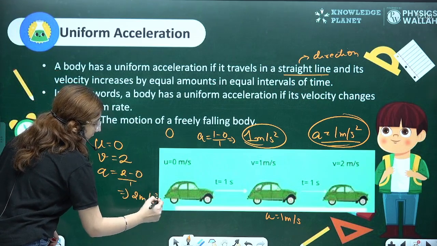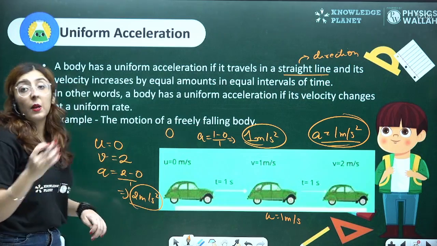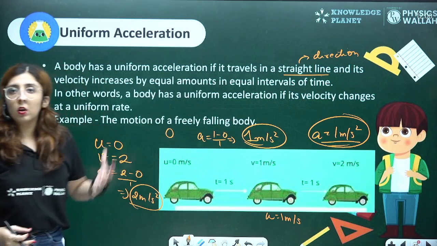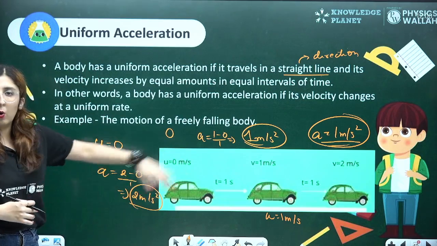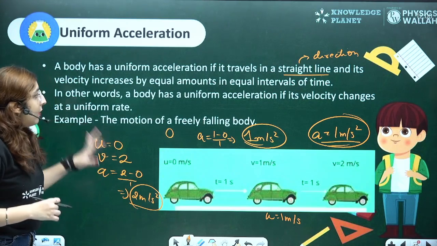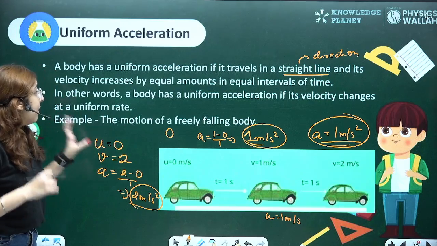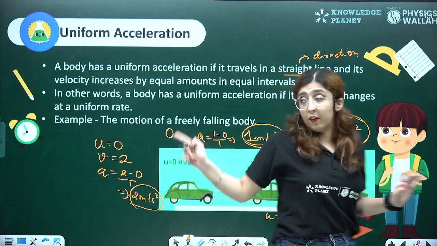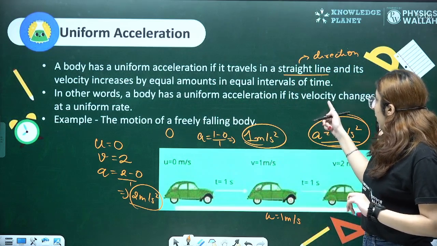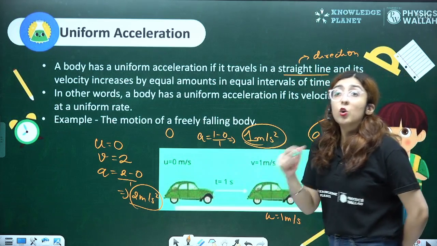So you can see there is an increase. An equal amount of increase, 1, 2, is taking place in the whole scenario. So when we talk about uniform acceleration, if its velocity changes, it will change at a uniform rate.